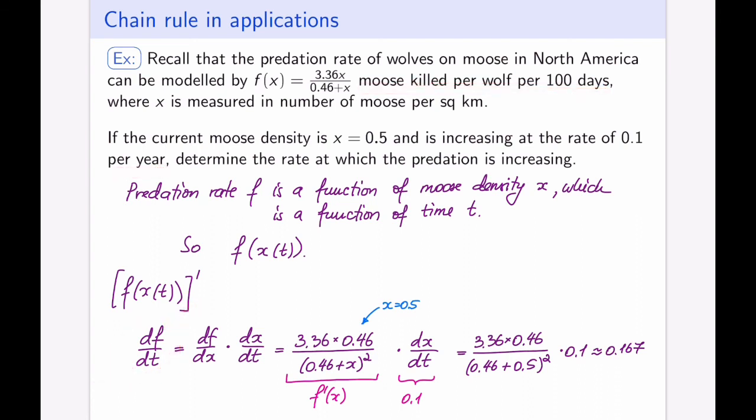Yes, we have a little bit of complication with the units of time, but that is what our function was given to us as, so those are the actual units that we keep. Make sure that you understand how to construct the chain of dependencies and how to then carry through the chain rule using either the prime or the Leibniz notation.